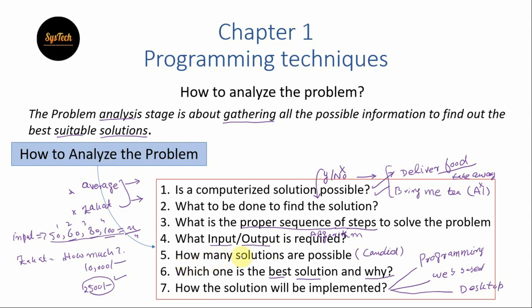Number 5, how many solutions are possible? And from these possible solutions, which one is the best solution and why? And number 7, if the best solution has been found out, pinpointed, then how you will implement it. This is called problem analysis.